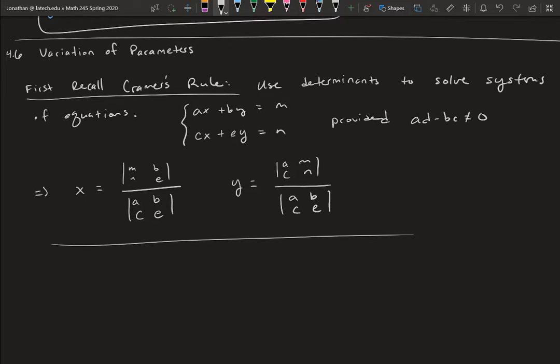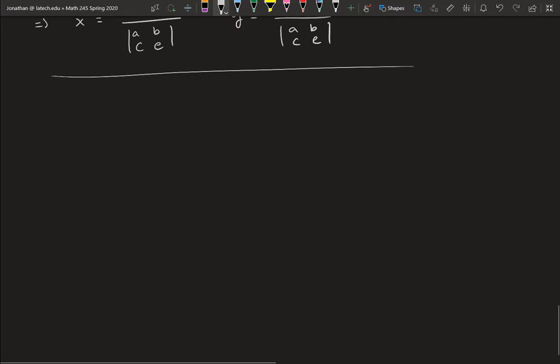Okay, great. Now, in this section, variation of parameters 4.6, we're going to focus on the second order linear differential equation with or without constant coefficients.